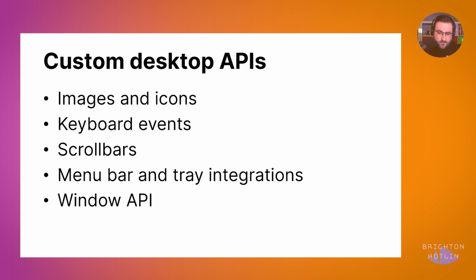For other desktop-related stuff, we have, for example, support for images and icons, including vector graphics, SVGs, XMLs, and support for rendering those directly to the native underlying canvas. We support keyboard events. We have desktop-specific scroll bars, which is nice when you're once again working with a mouse and keyboard. That's a bit of a different kind of way of interacting with things.